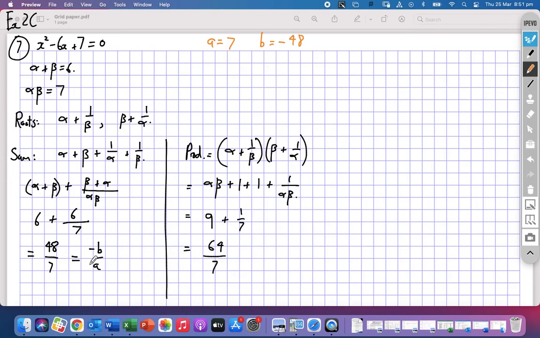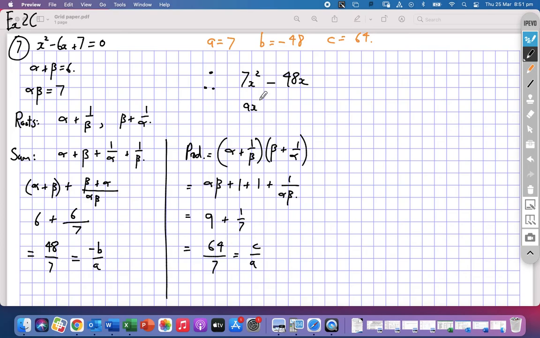So let me write this in black. That's C on A. So therefore, the C term I've got there is a 64. Right. So if I put this all together in a quadratic, I could say therefore a quadratic would be 7x squared minus 48x, right?